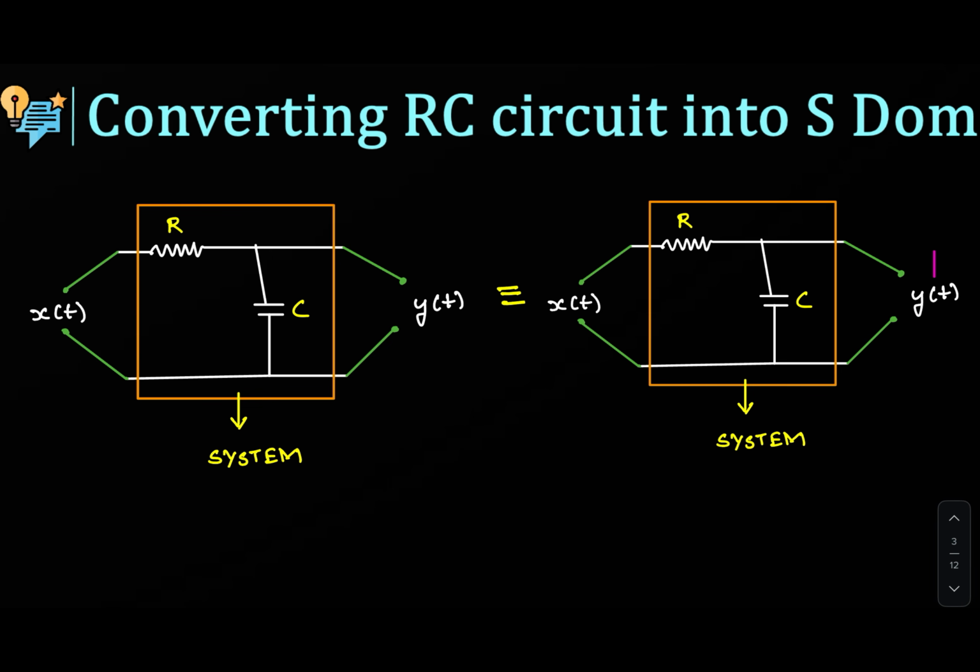So when I apply the Laplace transform to this left side diagram, my x of t will become x of s, and the Laplace transform of c is 1 by sc, and the output y of t, if I do the Laplace transform, gives y of s.